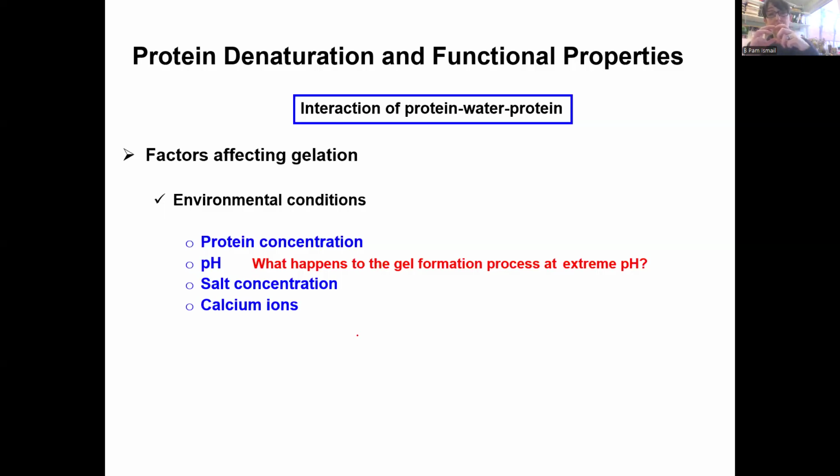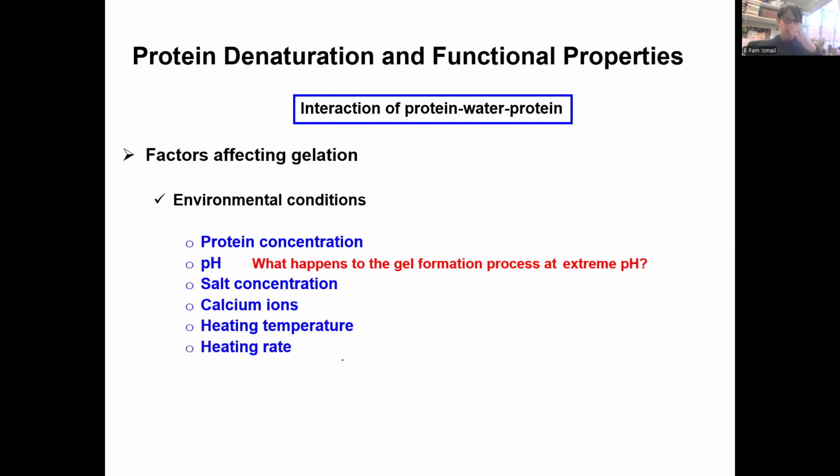If you have a divalent ion, that calcium can interact with one protein here, and the other positive charge can interact with another protein, and then it forms that bridge. So it enhances gel formation. That's why when we're making cheese as well, sometimes we add calcium to enhance the curd yield, so that we have more curd generated and we don't lose caseins with the whey or have less curd yield.